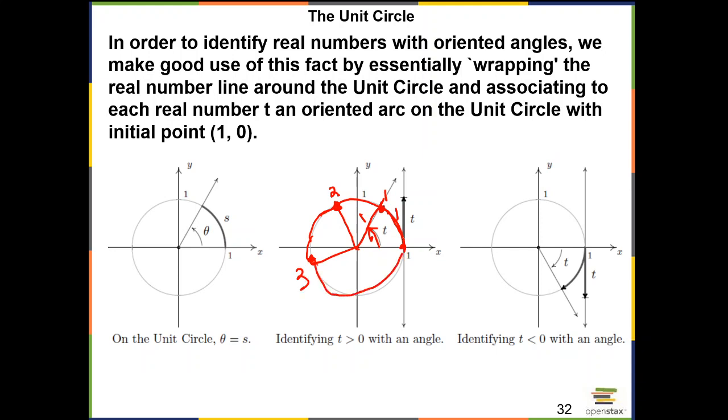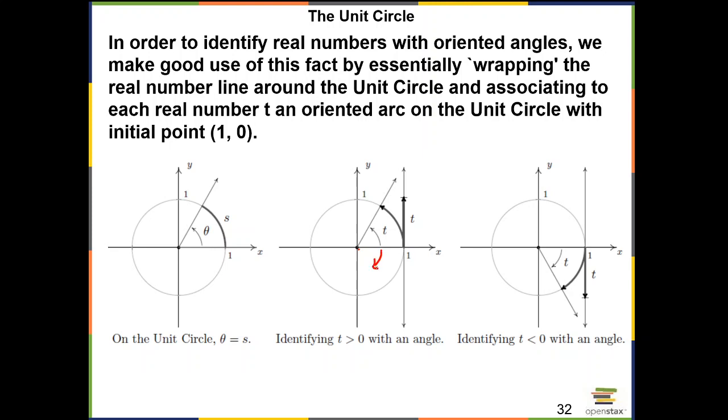Now, remember, every angle here can be represented by a real number, right? That's a very, very important feature because we can work with real numbers instead of angles, okay? And what about negative angles?